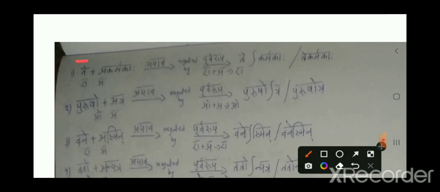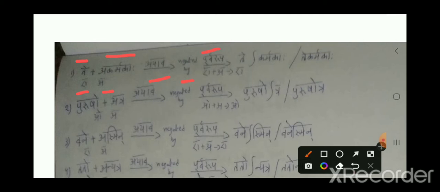So here we have two independent words, te and akarmakaha. Normally Ayava Sandhi is when an H letter is followed by an H letter, then replacement will happen. A is an H letter. But here Ayava Sandhi will be negated by Purvarupa Sandhi. Why?